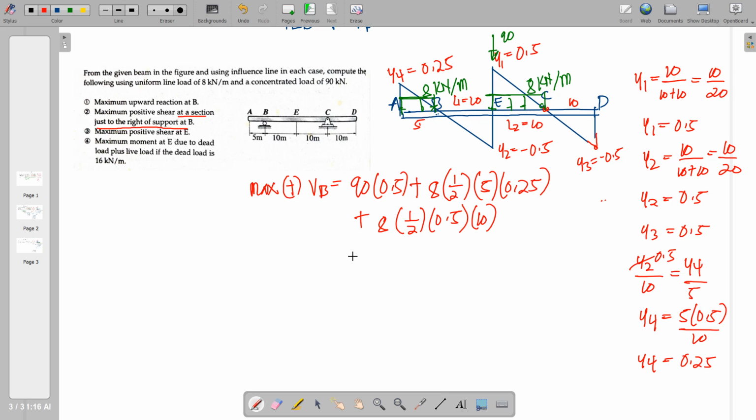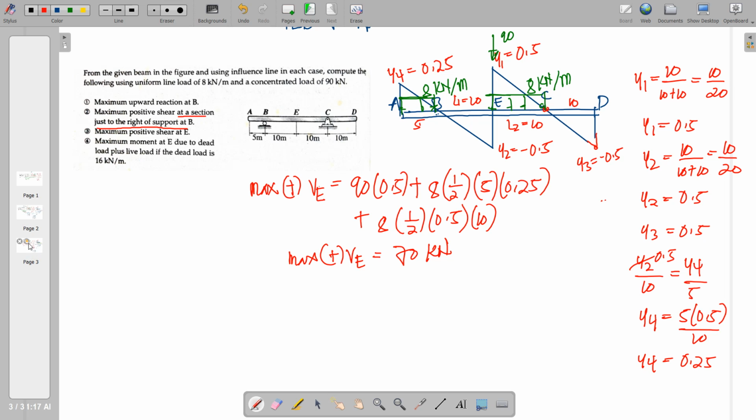Okay, so therefore the maximum positive shear at E will be equal to 70 kilonewtons.